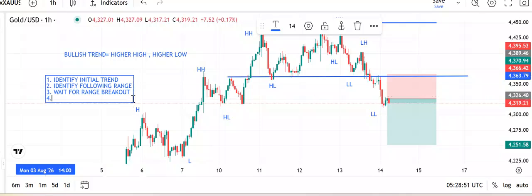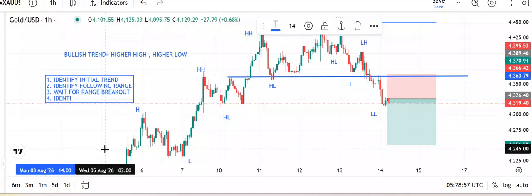Then point number 4, identify pullback after range breakout.